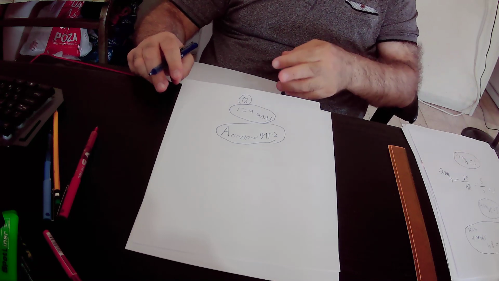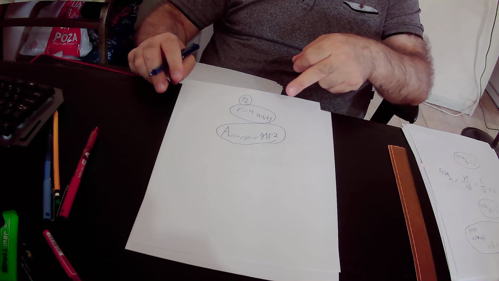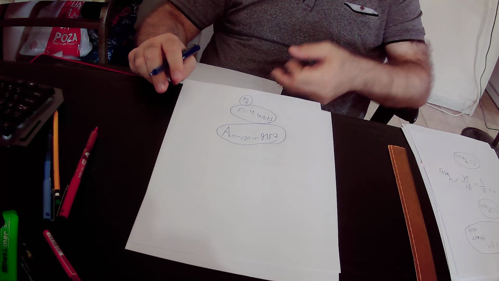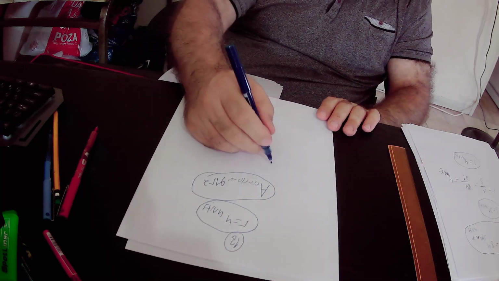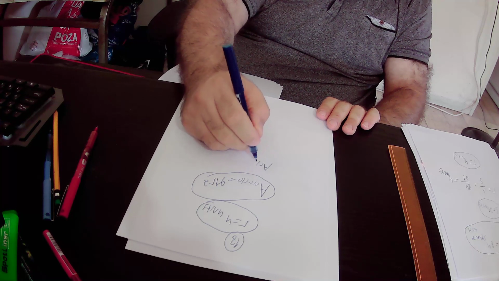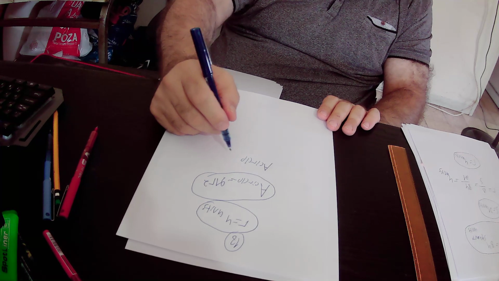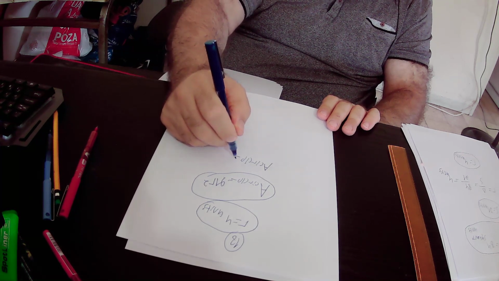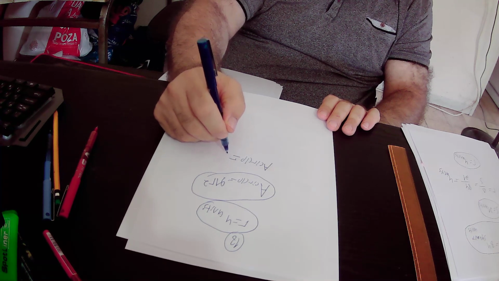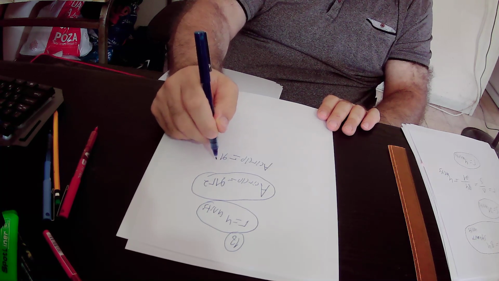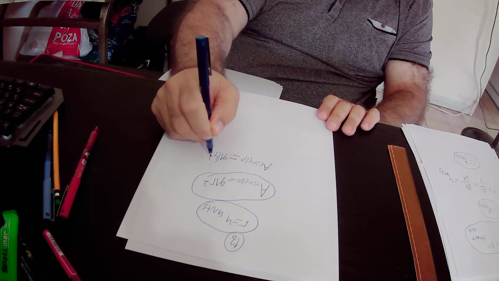We know that R equals 4 units, so we can substitute R by 4 units in this formula, and we will get that the area of the green circle, according to the formula that we presented to you, equals pi times r squared. R is 4, so it is pi times 4 squared.